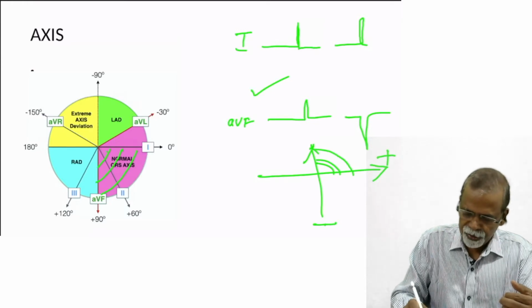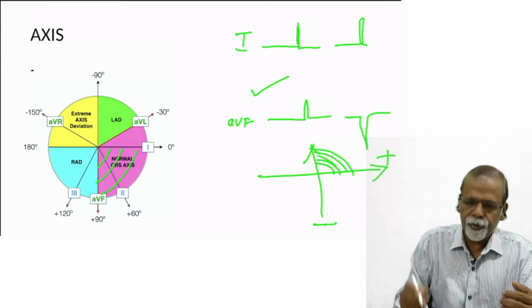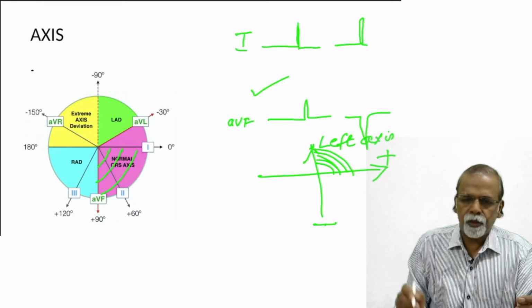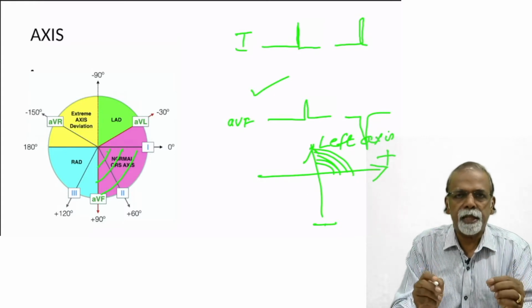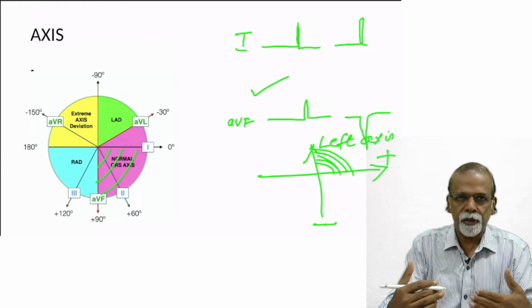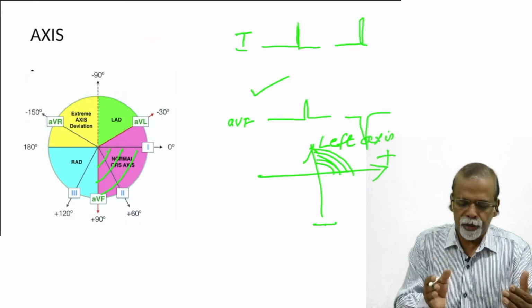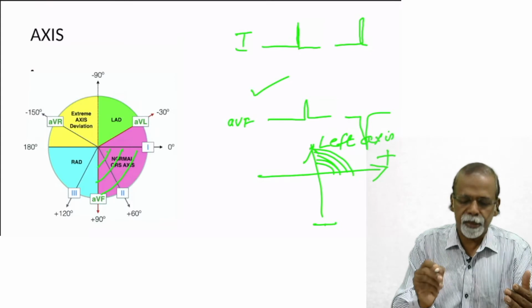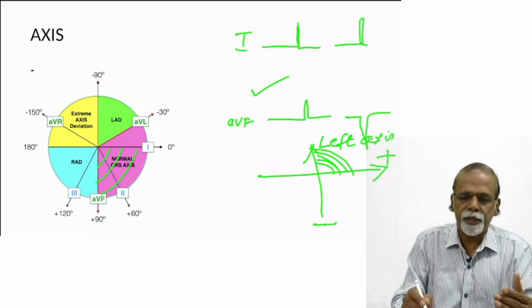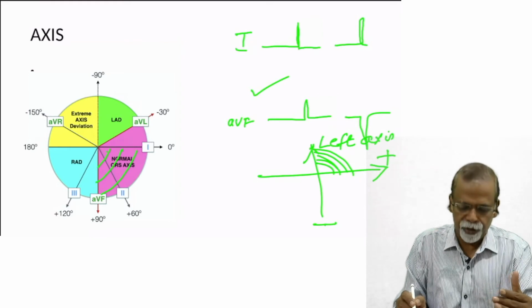So this will be in the upper right quadrant. This is what is called the left axis. Left axis means the electrical forces are in the upper quadrant, and that is mainly taken as minus 30 to minus 90 is considered as left axis.